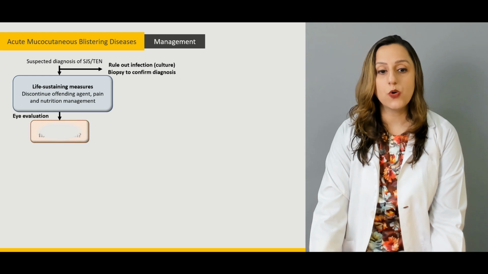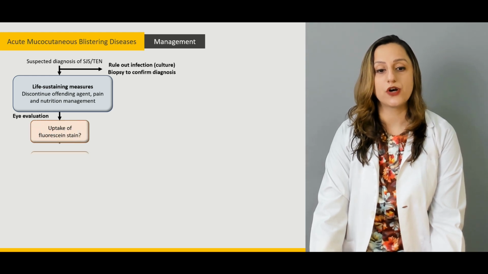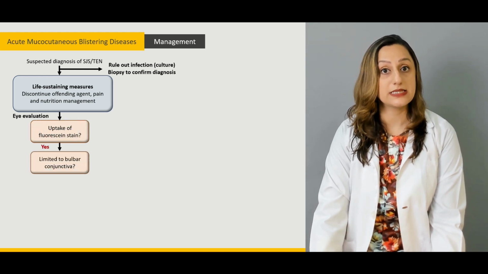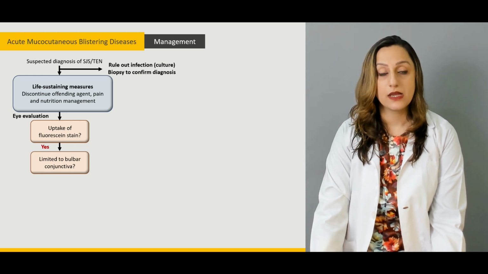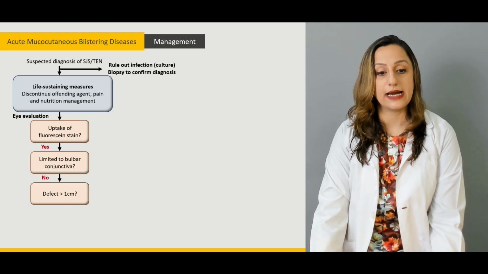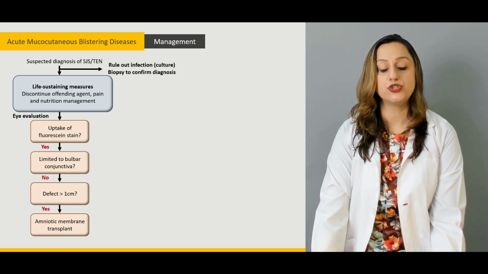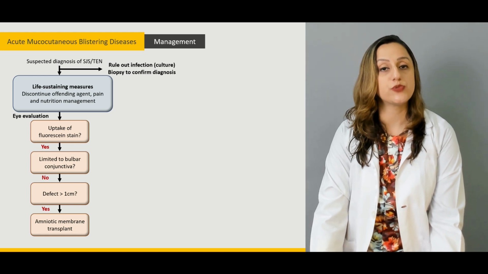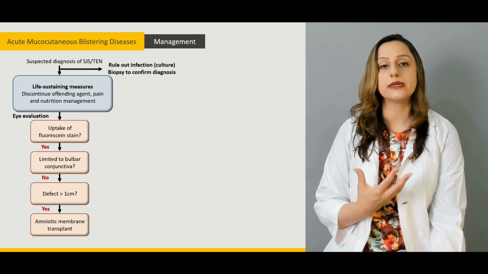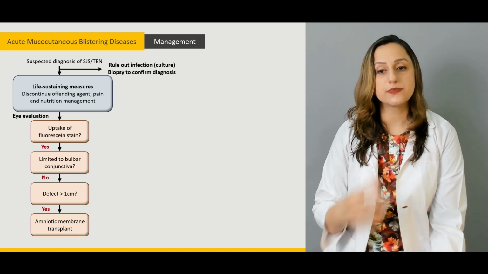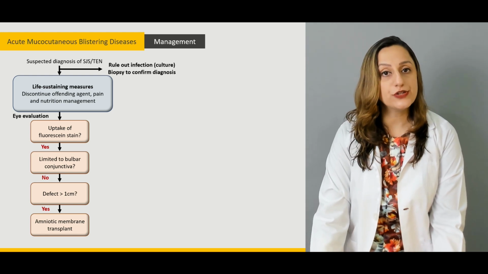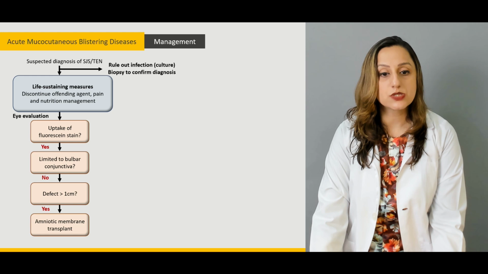So we look at the uptake of the fluorescein stain. It basically relates to the corneal involvement. If there is uptake, we limit it to the bulbar conjunctiva. If the defect is more than 1 centimeter, then we perform an amniotic membrane transplant for the corneal involvement and for the replacement of the cornea, and further complications would be hindered.